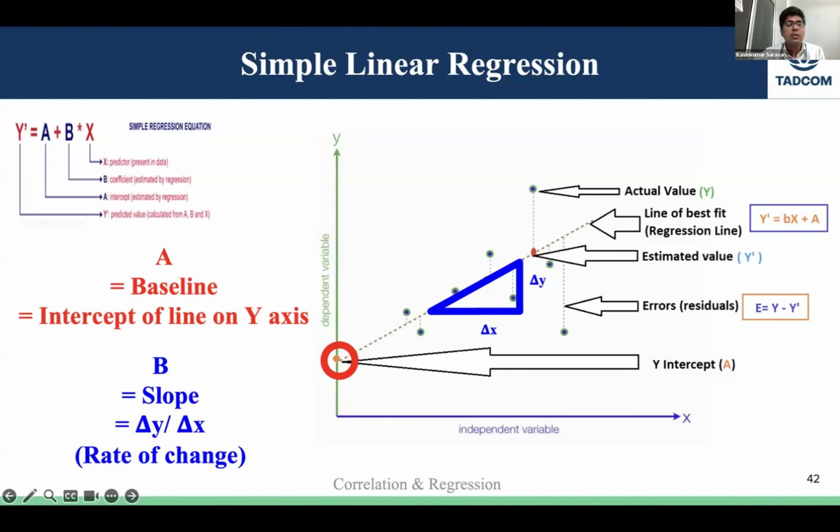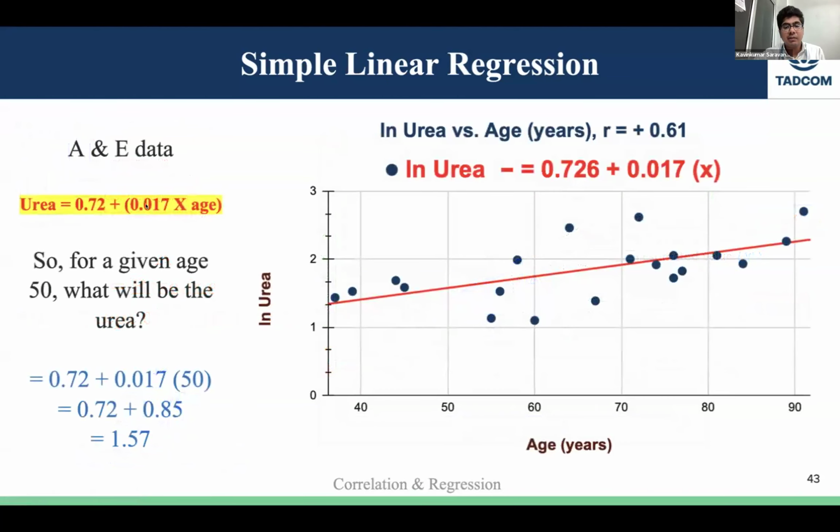So if we know x, the two figures a and b will be given by the software. Once you know this, then you can calculate the y. For our data, we have calculated this regression line. We could get the equation as 0.726 plus 0.017 into x.